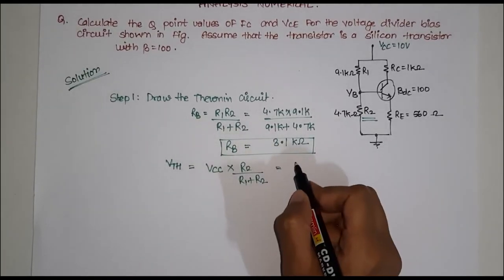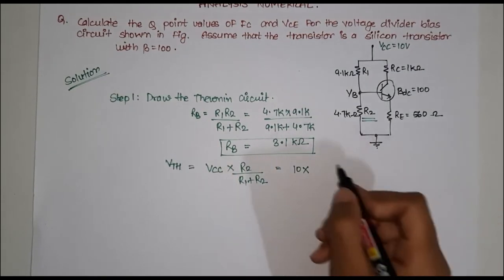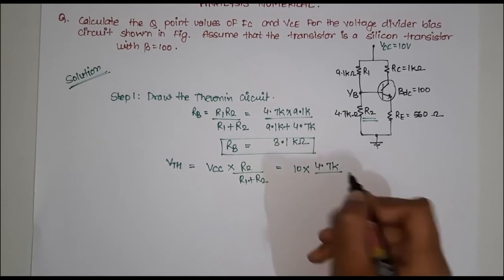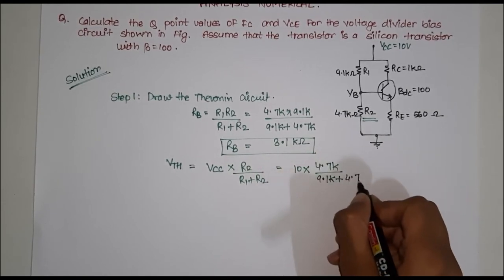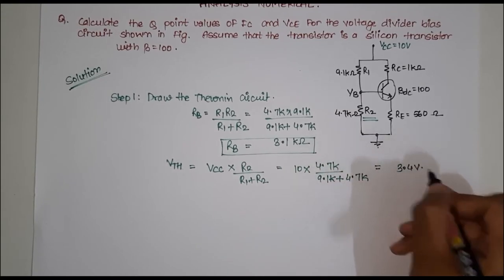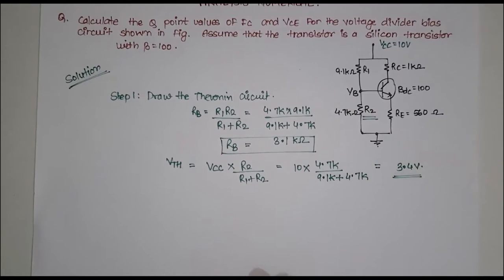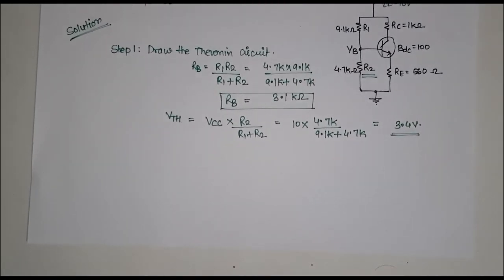So just substituting the values, VCC is 10 volts, R2 is 4.7 kilo upon R1 का value is 9.1 kilo plus R2 का value is again 4.7 kilo, and on solving the value of VTH comes out to be 3.4 volts. Okay, so we have considered the Thevenin circuit and have received the value of RB and VTH. Now the circuit diagram, how to open the circuit and how to write the Thevenin circuit diagram के equations have already been covered in the earlier video.